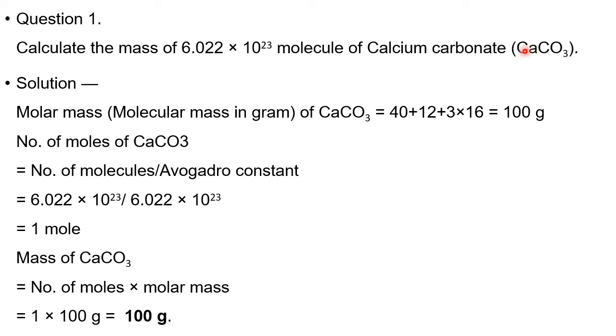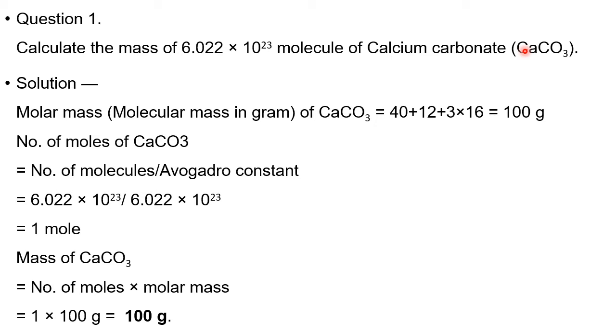Now here, one more point I want to make clear. Atomic masses are given in the examination, in the question itself. If they are not given, kindly ask for the atomic mass table in the examination so that you can refer to the table to calculate the molecular mass.